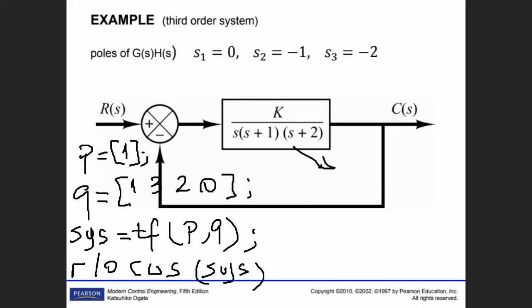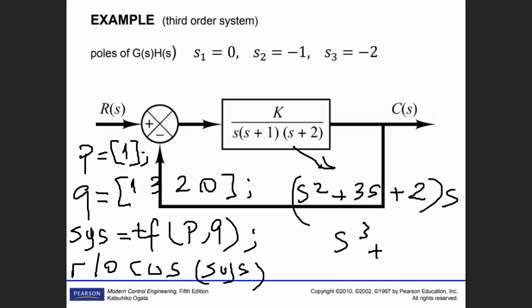Let's do it together. S squared plus 3S plus 2, times S. That is S cubed plus 3S squared plus 2S. So S cubed 1, S squared 3, S 2. Of course, there's 0. There is no constant here. 0.